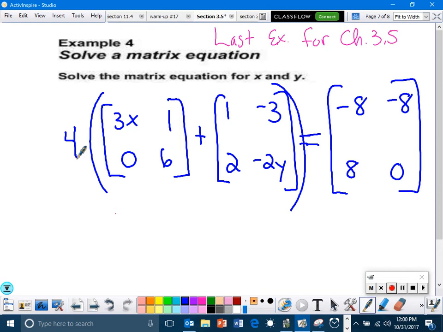Okay, so that's the problem given to us, and we want to solve for x and y.